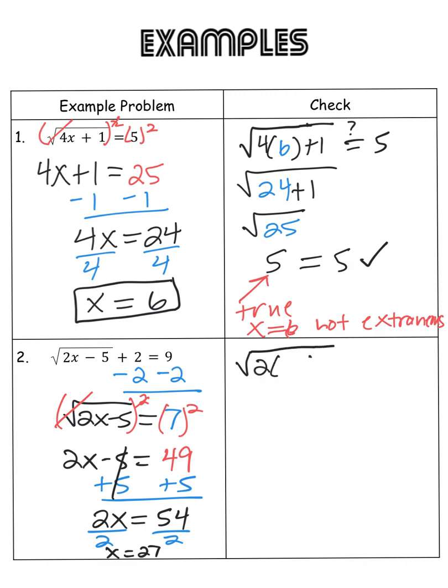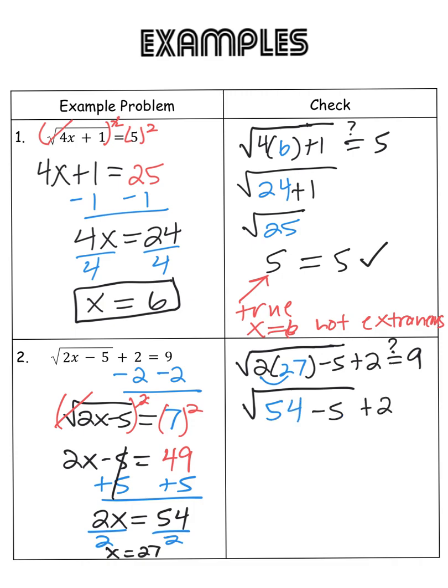So the square root of 2, substituting in our value for x that we just found, which was 27, plus 2 hopefully equals 9. I'm going to do 2 times 27 first. 2 times 27 is 54, minus 5. Now remember, we're hoping at the end of simplifying this left-hand side of the equation, we will get 9.